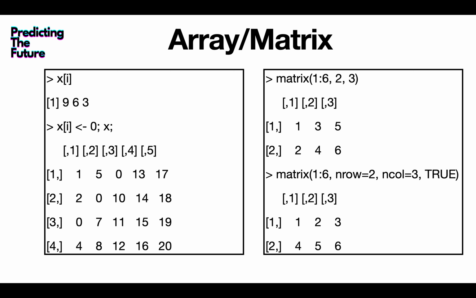You can also use names, as we saw earlier. So nrow is the second parameter, and ncol is also a parameter. The last, the fourth parameter, see here, the TRUE in the last equation on the right: matrix of 1 to 6, number of rows 2, number of columns 3, and last parameter TRUE.